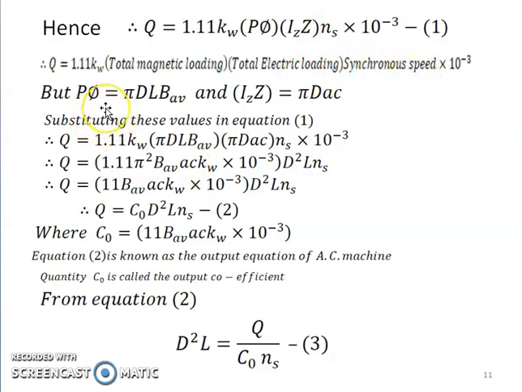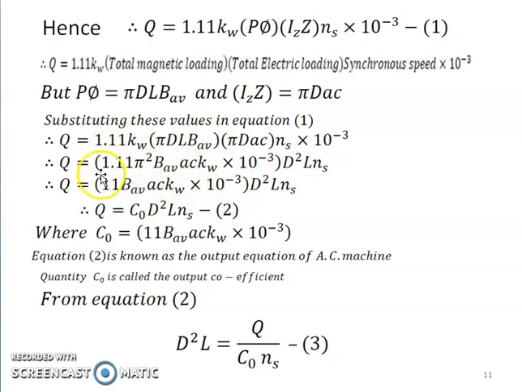But we know B average is phi divided by pi D L and ac is Iz into Z divided by pi D. From this we can write phi equal to pi D L B average and Iz into Z equal to pi D ac. So substituting these values in equation 1, Q is 1.11 Kw. In place of phi we can write pi D L B average and in place of Iz into Z, pi D ac.